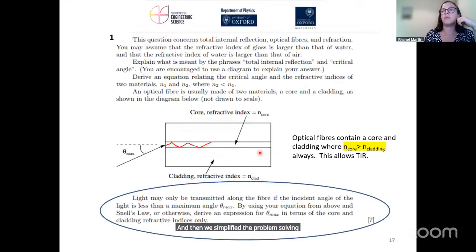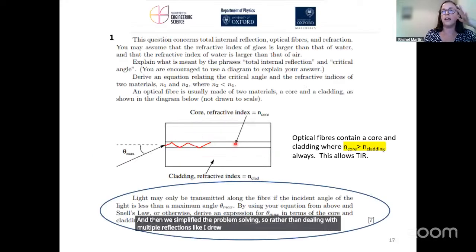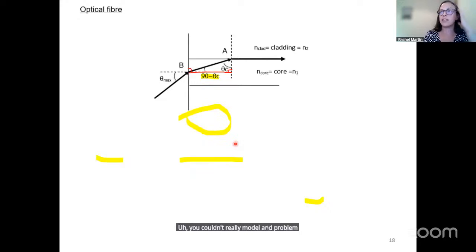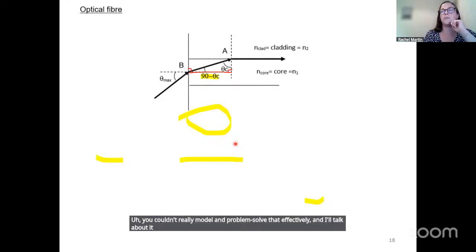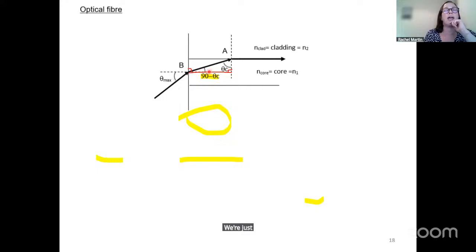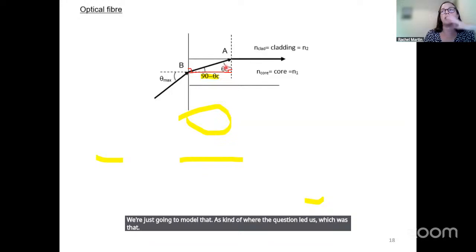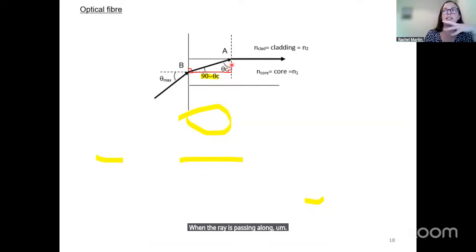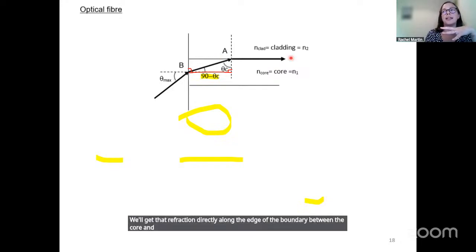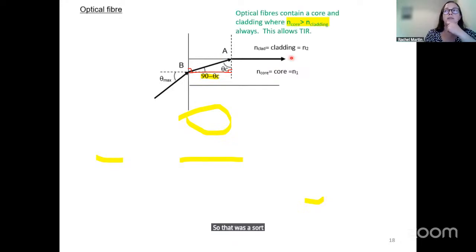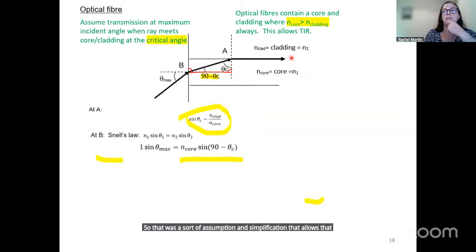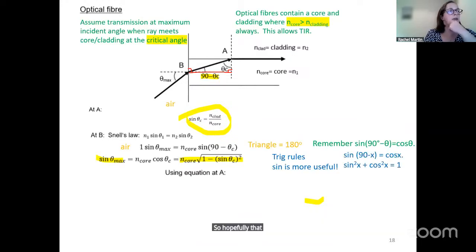So rather than dealing with multiple reflections like I drew here, which you couldn't really model and problem solve effectively, and I'll talk about it a little bit more in the next question, we're just going to model it as where the question led us, which was that when the ray is passing along with an angle of incidence at A equivalent to the critical angle, we'll get refraction directly along the edge of the boundary between the core and the cladding. So that was an assumption and simplification that allows that transmission. So hopefully that helped with that question.